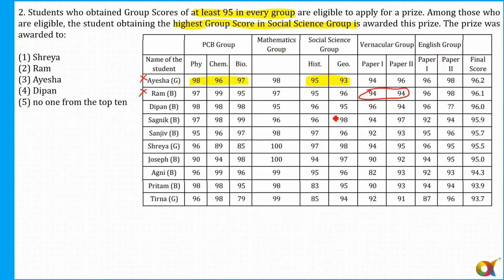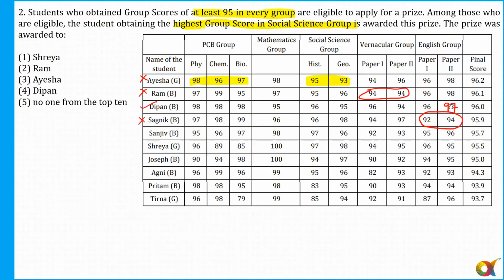Similarly for Deepan. We know that Deepan's score in paper 2 is 97. So for Deepan, the average in all of them is a minimum of 95, so Deepan is satisfying. Similarly, Sagnik: in the English group, 92 and 94, so the average will definitely be less than 95. So you can eliminate Sagnik also.